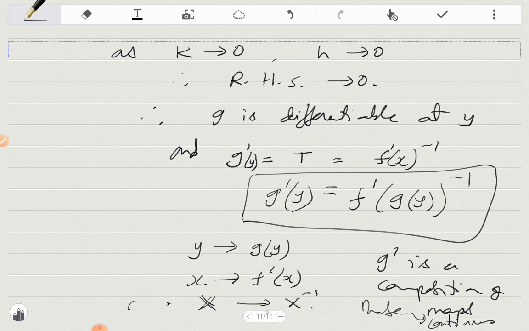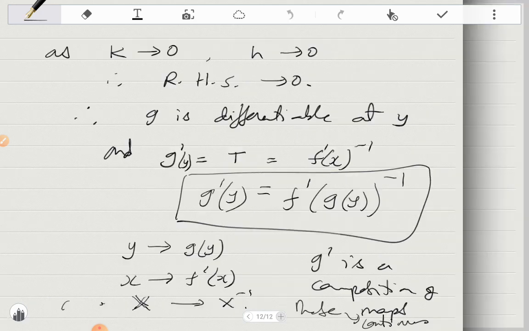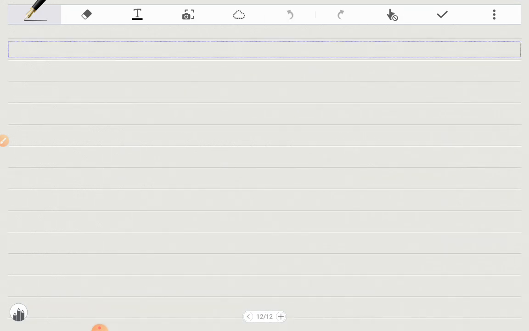So we are done. Therefore, g prime is continuous. This proves the whole thing in all its gory details.